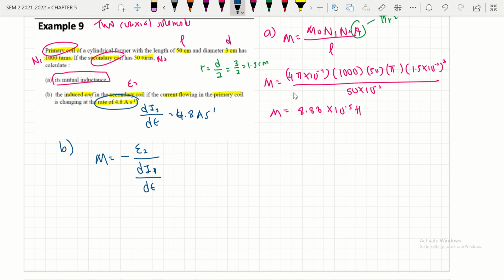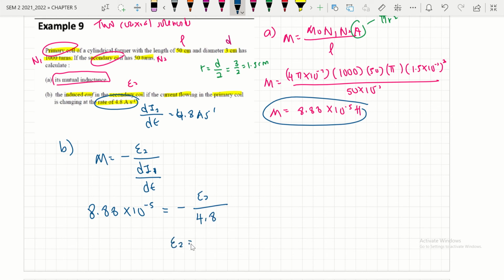The mutual inductance we already got from A, which is 8.88 times 10 to the power of negative 5, and the rate of change of current in the primary coil is 4.8. So you will get the EMF in the secondary coil as 4.26 times 10 to the power of negative 4 volts.